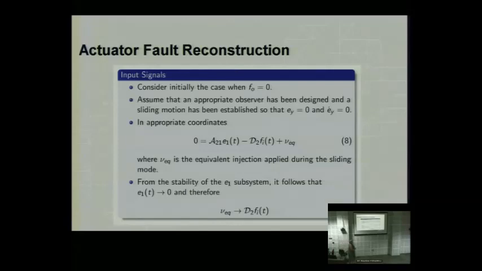So for the actuator fault reconstruction, initially, let's get a bit of confidence. Let's move away from having the sensor fault. So we assume here the sensor fault is 0, and assume we've got this observer which can exhibit the sliding mode as we designed in the MATLAB session.